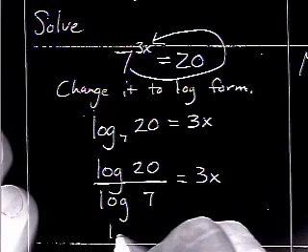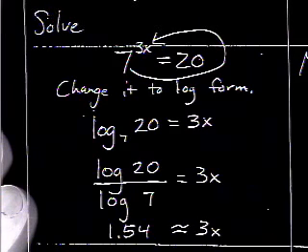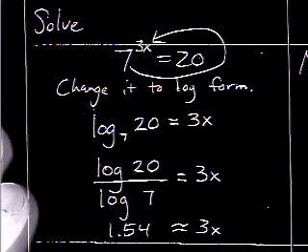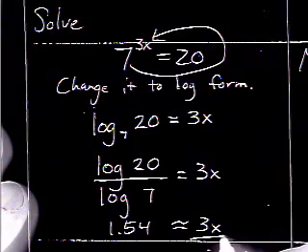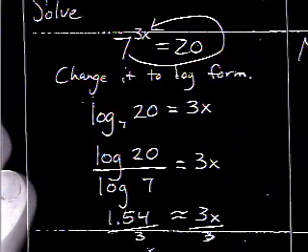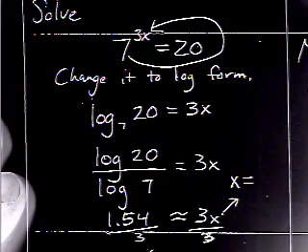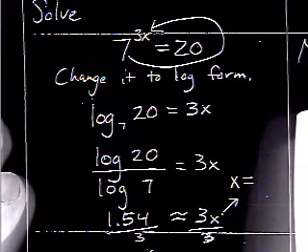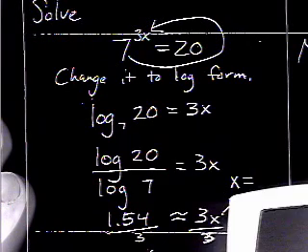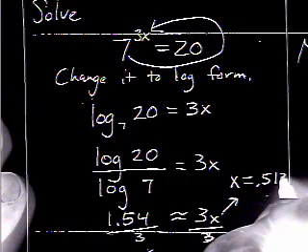It's going to be an approximate value. 1.54 is approximately equal to 3x. Shouldn't be that hard to figure out that you need to divide by 3 to get your final answer. So, x equals 0.51, approximately 0.513.